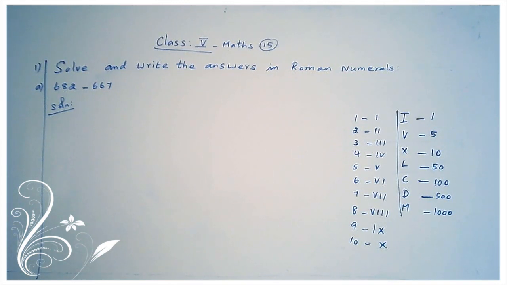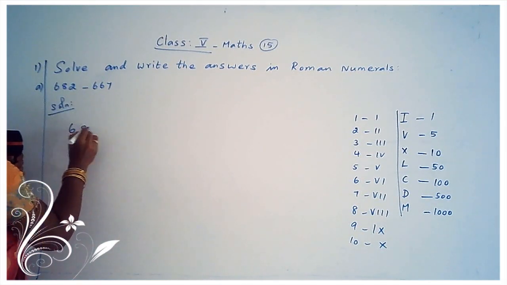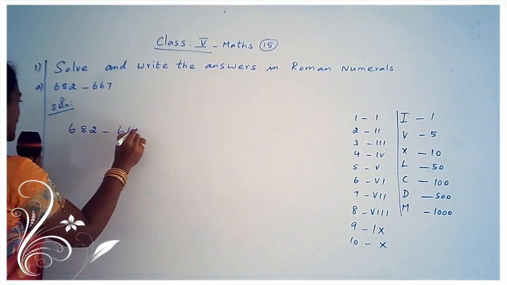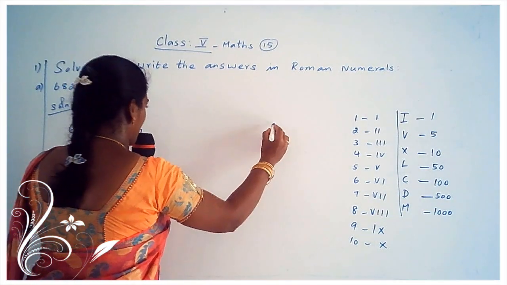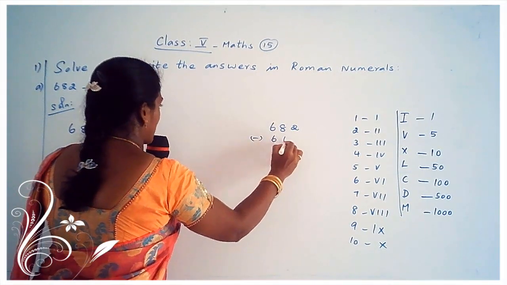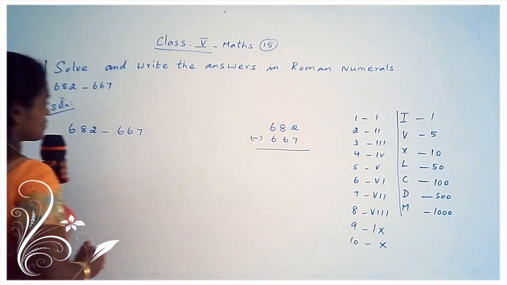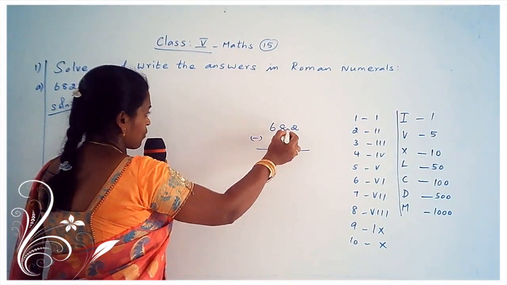Yes children, by using these symbols, now we have to find 682 minus 667. First of all we have to find the value of 682 minus 667. Here subtraction is there, so you subtract. 2 minus 7 is not possible, so you go to the next place.